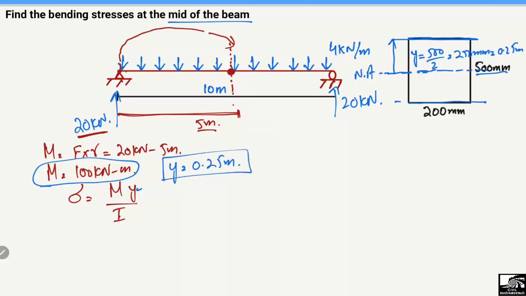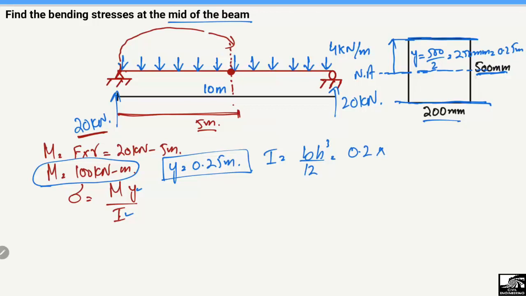Because we want to find the extreme bending stresses, they will be acting either at the top of the beam or at the bottom of the beam. The other thing is I, which is the moment of inertia. The moment of inertia of a rectangle is bh cubed divided by 12, because we have a rectangular section here. So b is 200 mm, or 0.2 meter, multiplying with the depth.